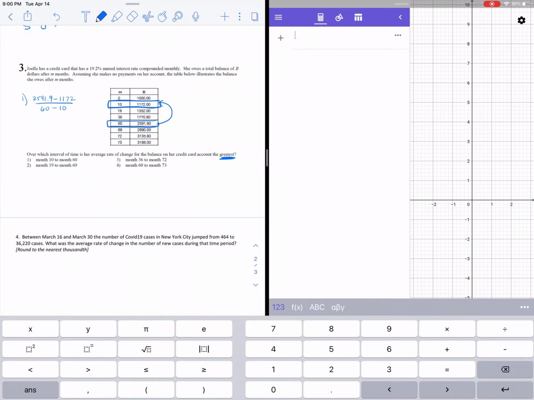Oh, there we go. 2591.9 minus 1172. On the bottom, 60 minus 10. And we get the 28.398 for the average rate of change. So that's just the answer. I didn't do just the top or the bottom separate.